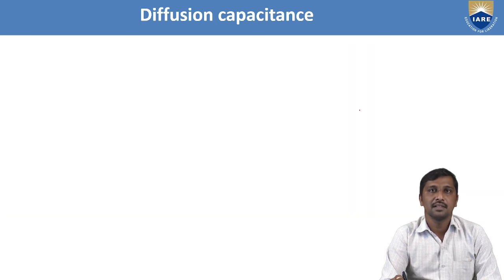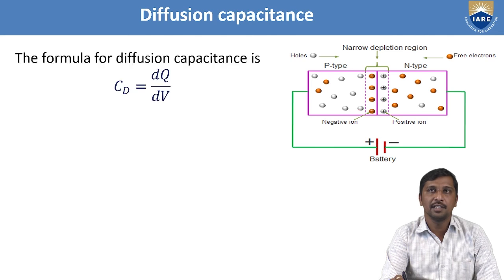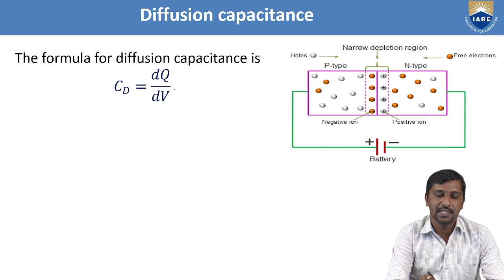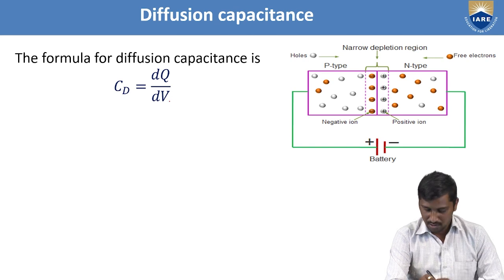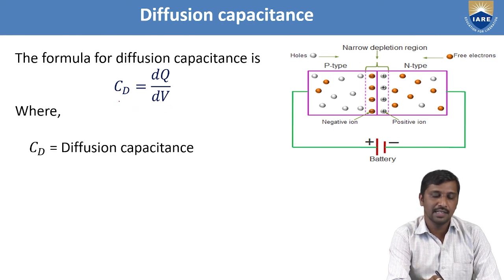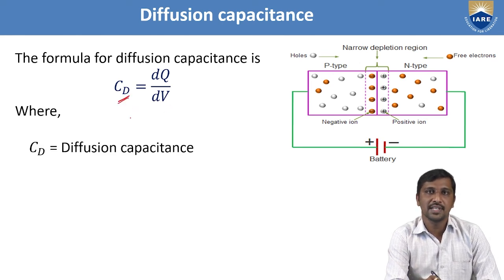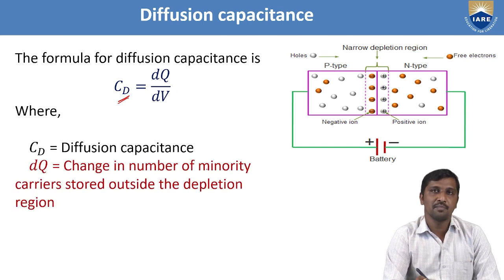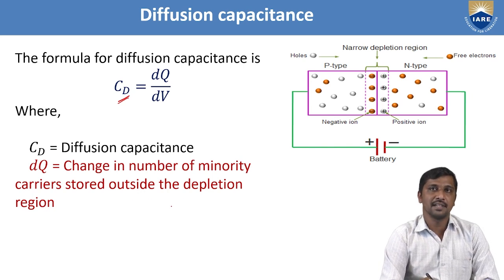So from this analysis, the diffusion capacitance is defined as the rate of change of charge for either electron or hole with respect to the rate of change of applied voltage. I represent it as CD, where CD is the diffusion capacitance and dq is the change in the number of minority charge carriers stored outside the depletion region.